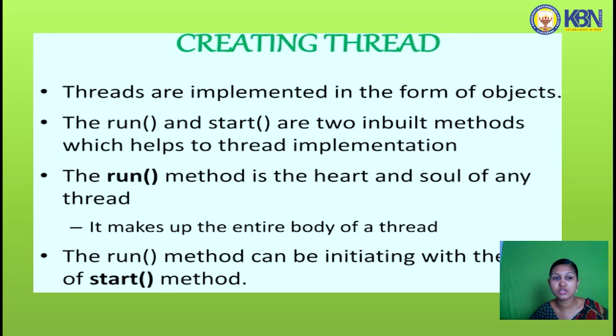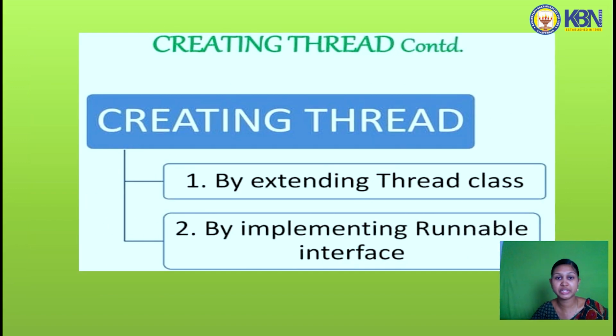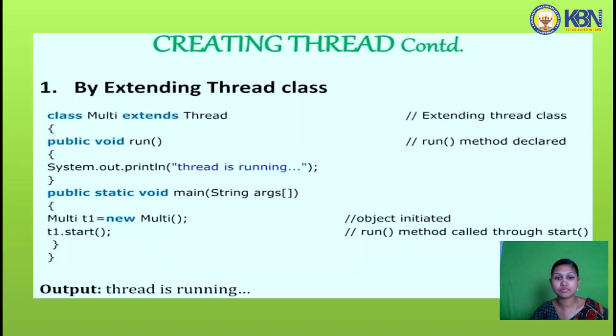Without heart and soul, a human being is not there; like that, in multi-threading the run method is essential. It makes up the entire body of the thread and controls the entire thread execution. The run method is initiated with the start method. You can create a thread by extending the Thread class, and second by implementing the Runnable interface.